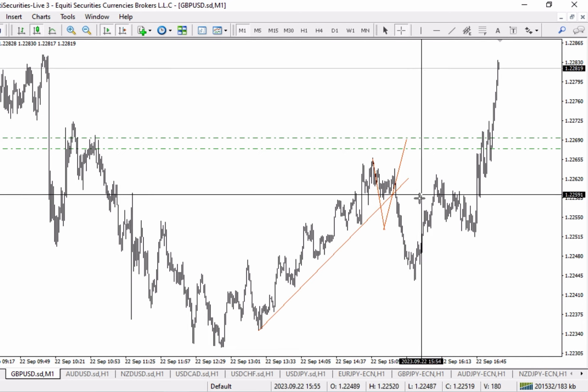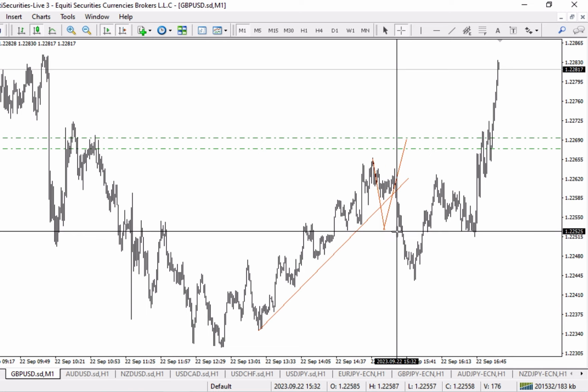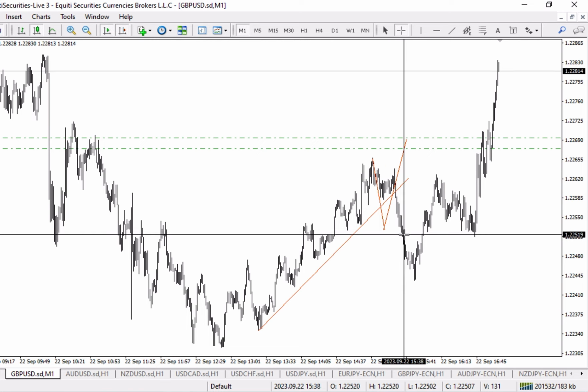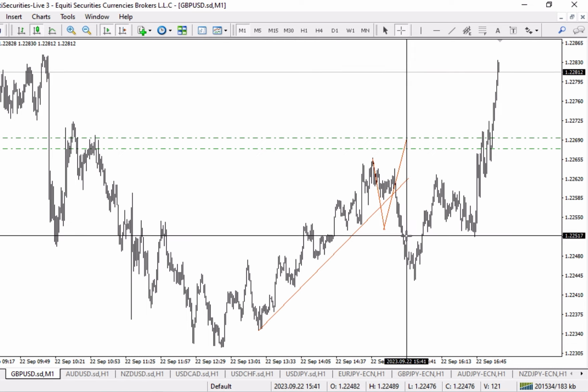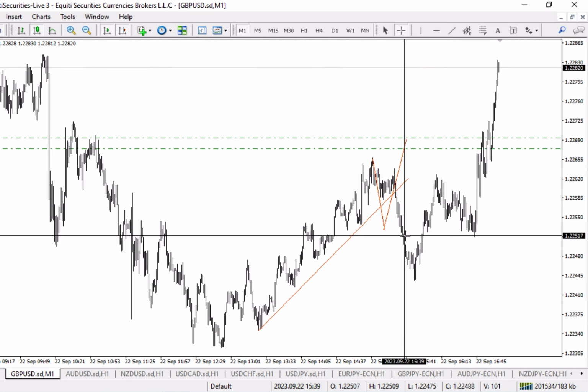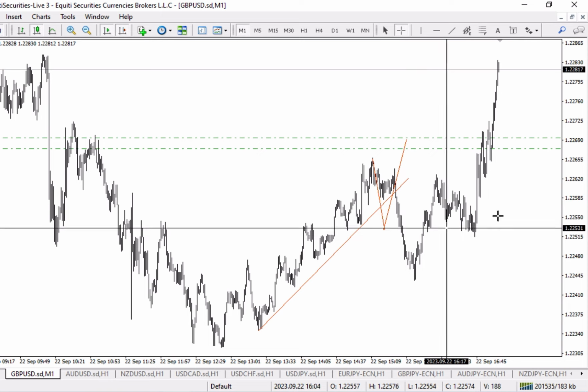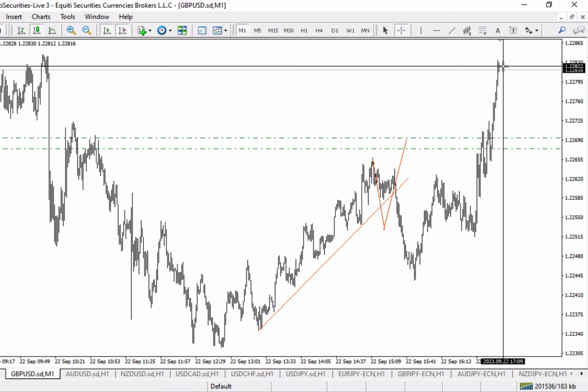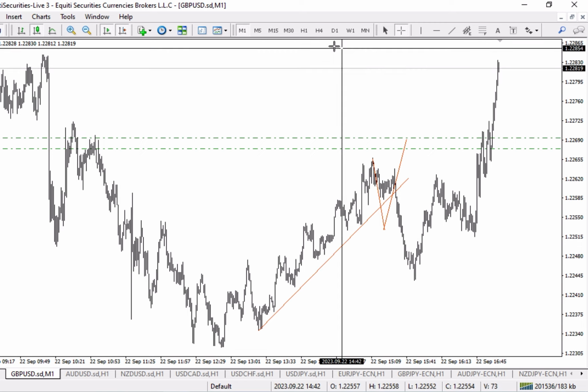So yes, here was my entry, and I moved my SL before the release of US PMIs today to the entry point, break even point. So this was closed with no loss, no profit. There was a little slippage, so I lost about 1 pip here, but I have already made more than 1 pip on this trade, and I'm going to target that one.